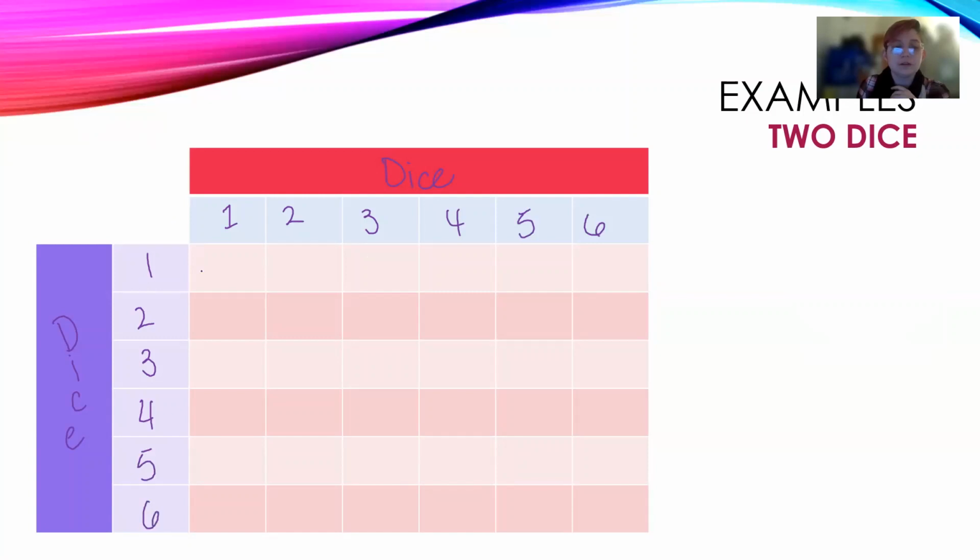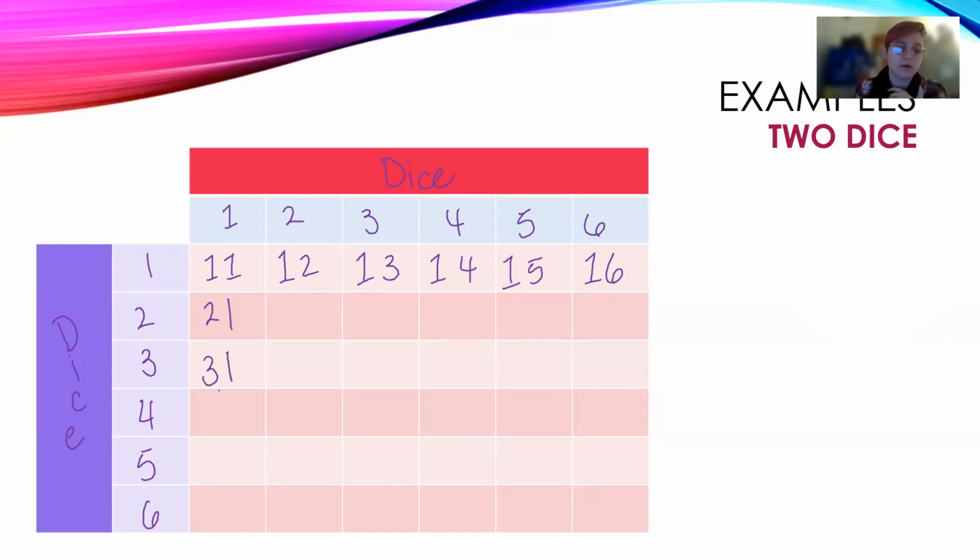And we would fill in, so we would have 1 and 1. The top row fills in across the top. And these columns fill downward. So this would be 2 and 1.